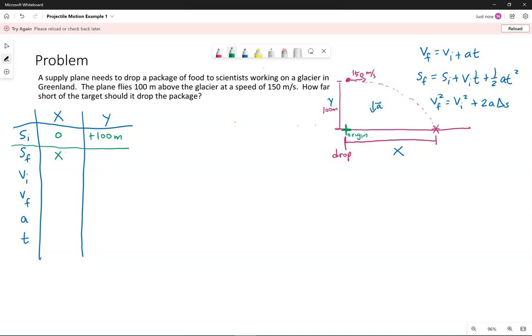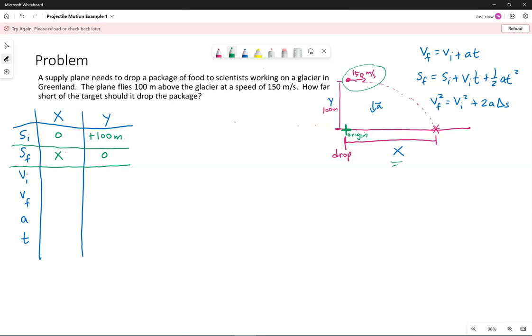x final is this total distance, how far short of the target this package should be dropped. y final is going to be 0 because the package is getting to the ground. v initial is the velocity of the plane because the package is originally in the plane.